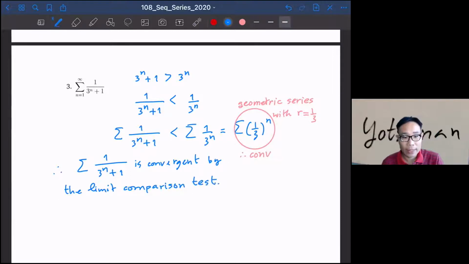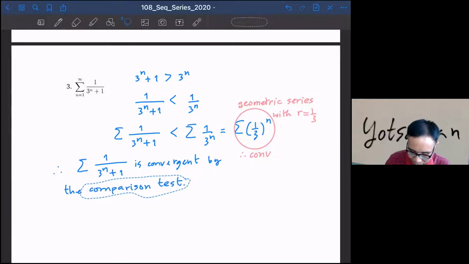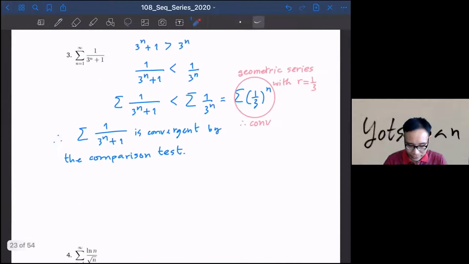Sorry, it's going to be by the comparison test. We don't have limit comparison yet. This one is smaller than the one that converges, so it's convergent by comparison test. So you see that for this one we used a geometric series, before we used a p-series.